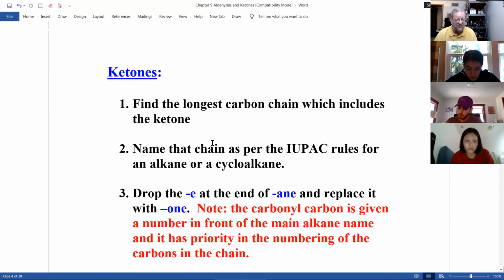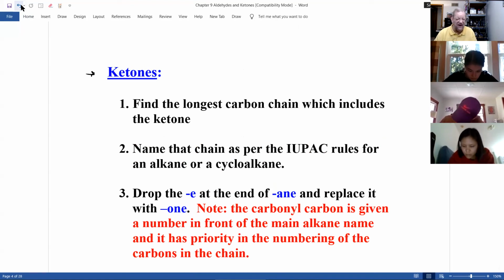Let's talk about ketones. Now, ketones, there's something a little different. You cannot have an aldehyde in a ring. It's impossible to have an aldehyde in a ring. But in a ketone, you can have both cyclic and acyclic ketones.